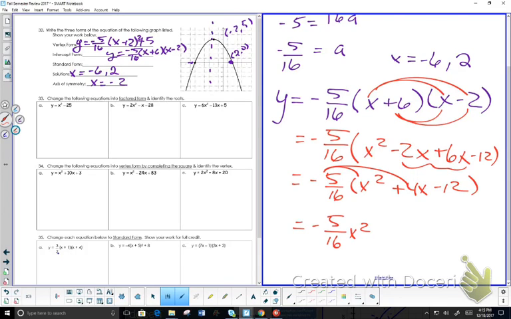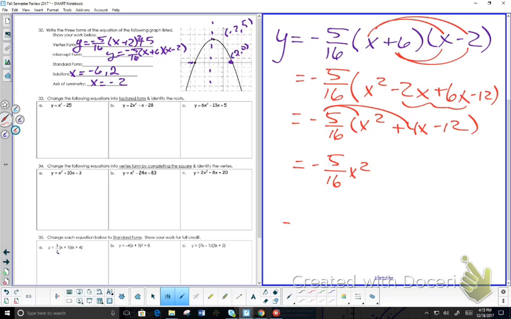When I multiply -5/16 by 4, I'll do this off at the side here a little bit. -5/16. Once again, this is something you can do in your calculator. 4 will go into 16 4 times, so I've got -5/4 x. And then the last thing I have is -5/16 times -12.